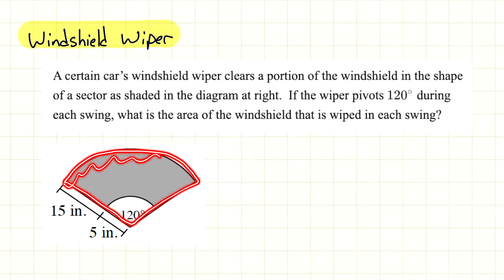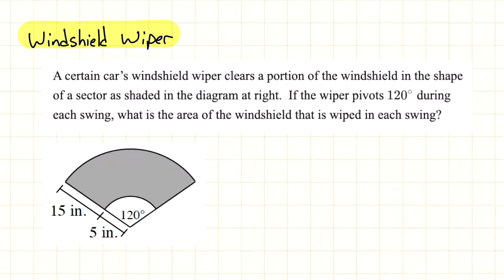We talked about pizza before. So that's what we're focused on here. The wiper pivots at 120 degrees, so we know what the angle is there. That's easy enough to measure. What is the area of the windshield that is wiped in each swing?